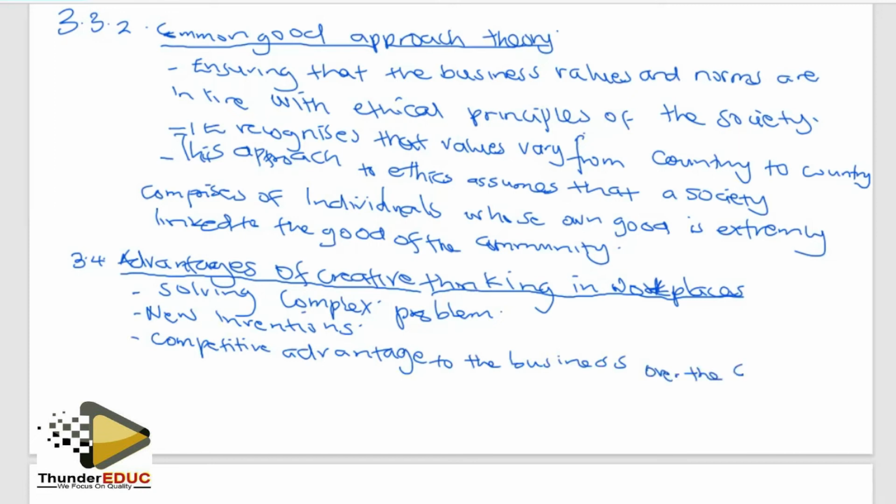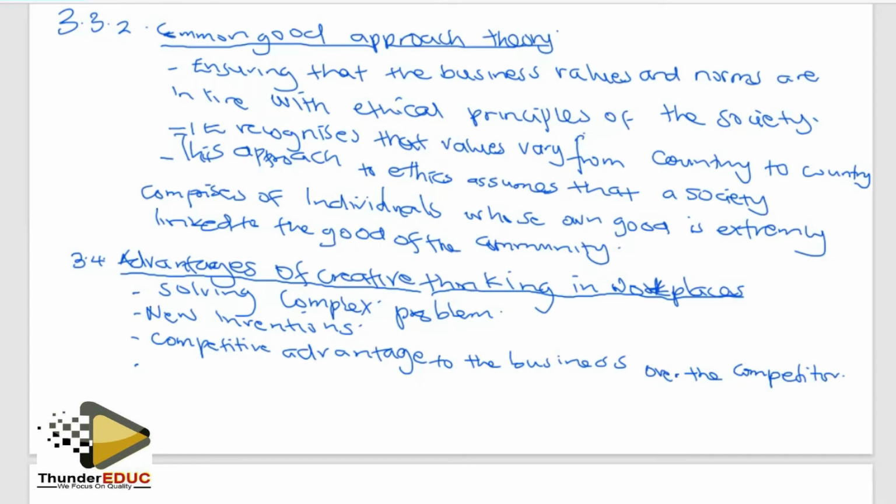See, because you have come up with something new and different, the competitors will struggle to match your ability, and you always stay above them. You're going to take the larger market share.